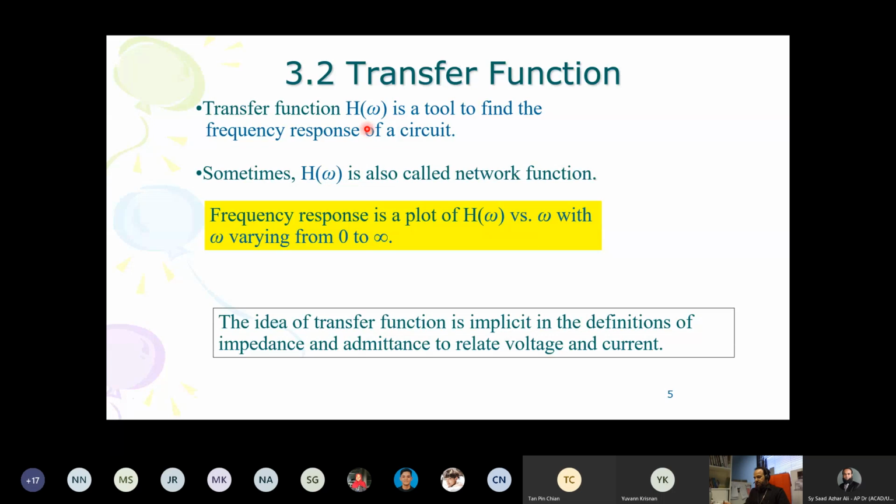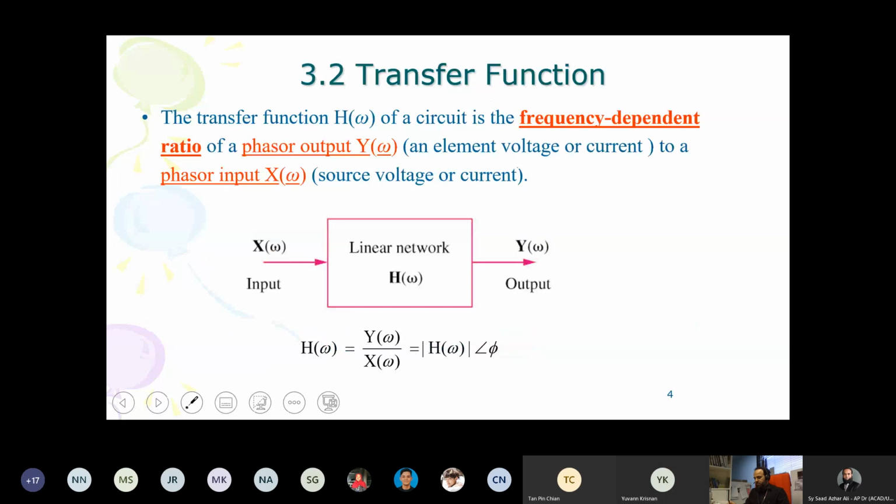First of all, the transfer function is a tool to find the frequency response of a circuit. Once again, let me go back to the basic definition. So suppose we have the transfer function of this particular system, network, or circuit. The advantage is that it is a ratio of output and input. Of course, there is no benefit in knowing the transfer function itself unless we are trying to find the output to a particular input.